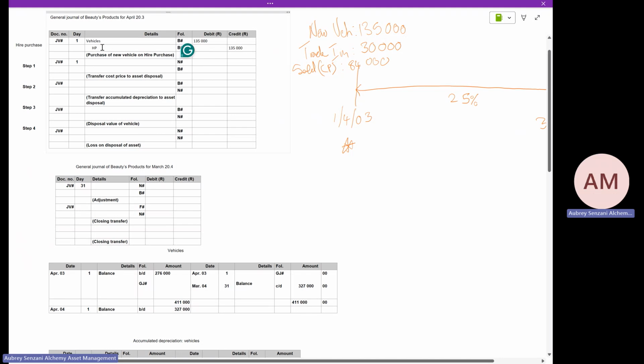We could have written creditors, HP loan. Okay, hire purchase loan. And that was from Zeda Finance, if I'm correct. Is it Zeda or Zeba? Let's see. Zeda. Okay, so that's the first transaction.